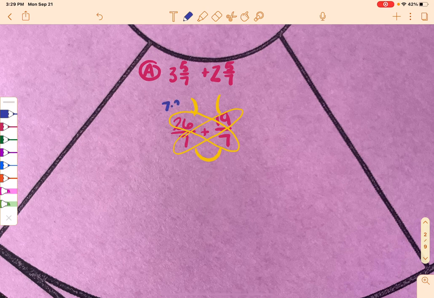So 7 times 26 is 182. And 7 times 19 is my next one. So 7 times 19 would be 133. Now we're going to add those together and put it on the top of my fraction right here.